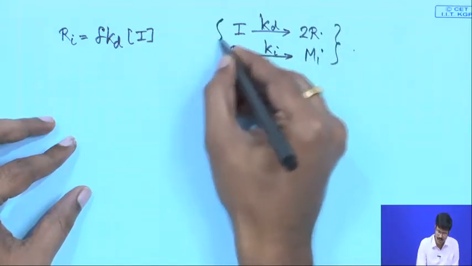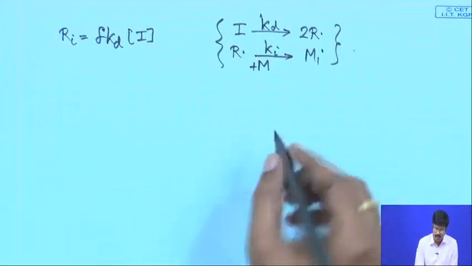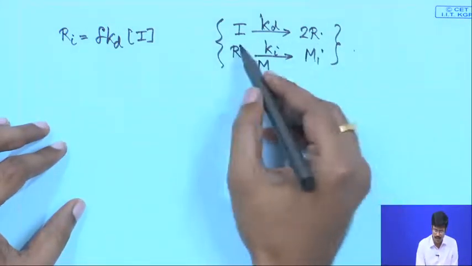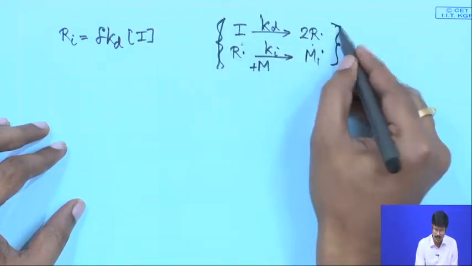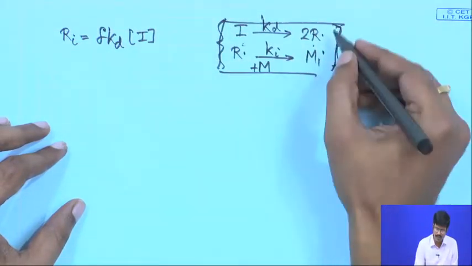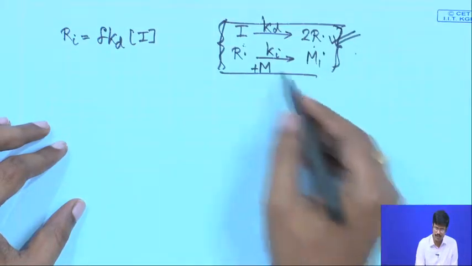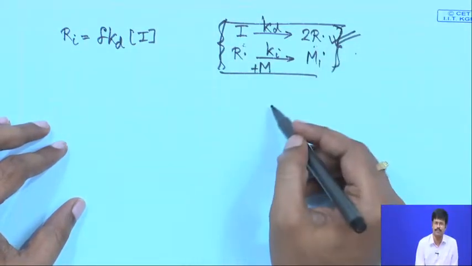So, these are the two steps for initiation. Now, the first step here is the slowest step, and in this particular reaction system you have to only consider the first step, because the slowest step is the rate determining step.